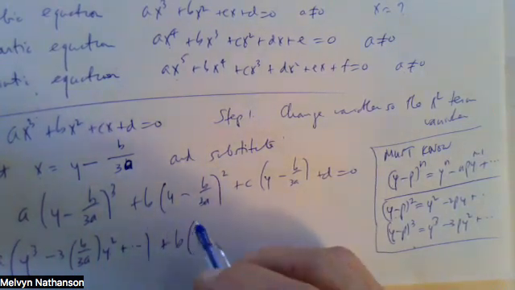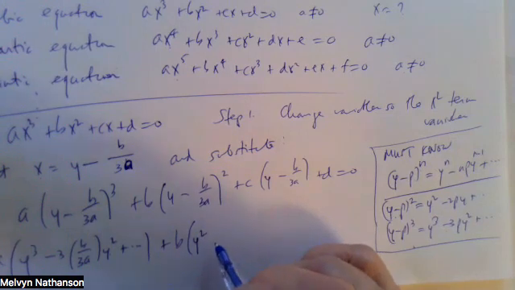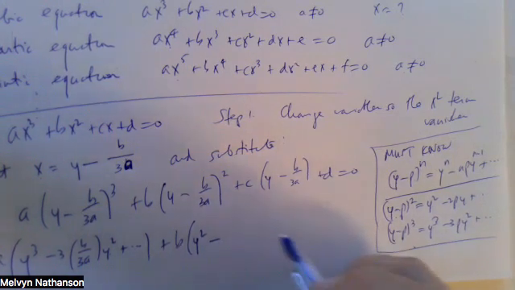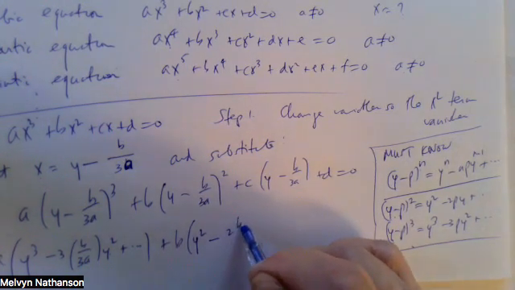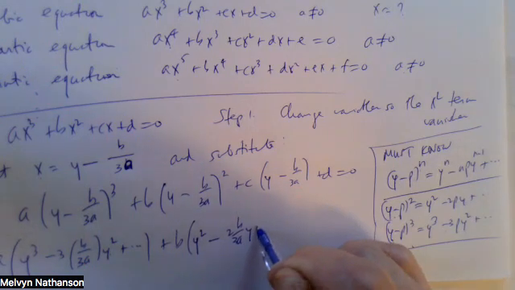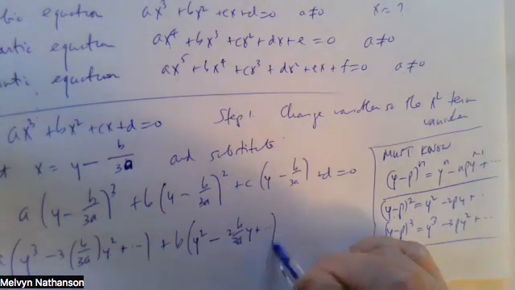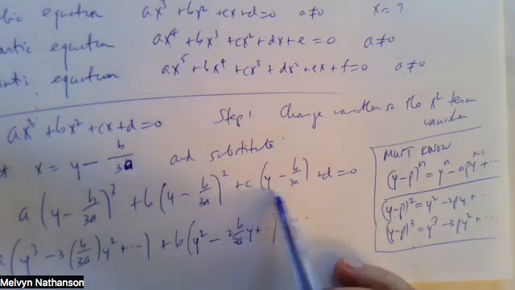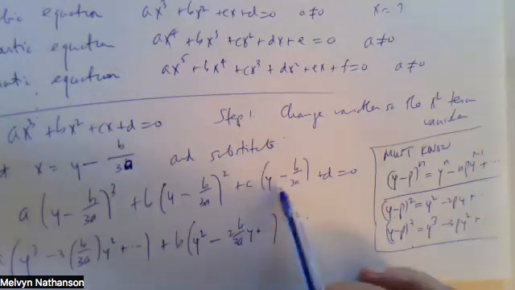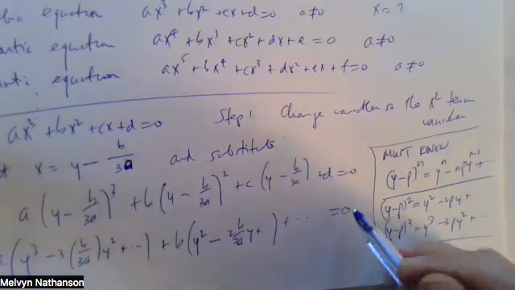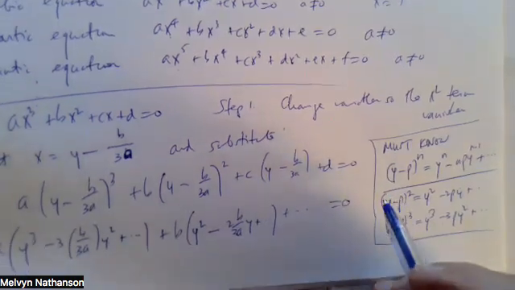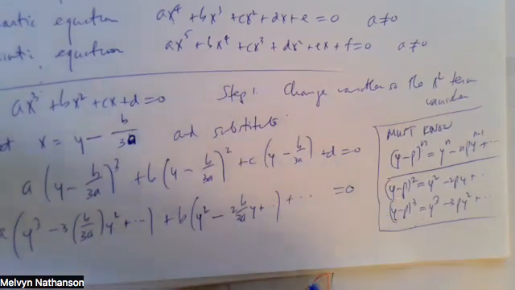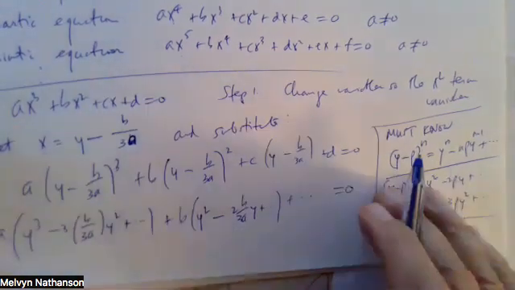I get b times y squared minus 2b over 3a y plus the constant term. And I get the rest of this, but this involves y and constants. This doesn't involve any power of y higher than the first. Right?